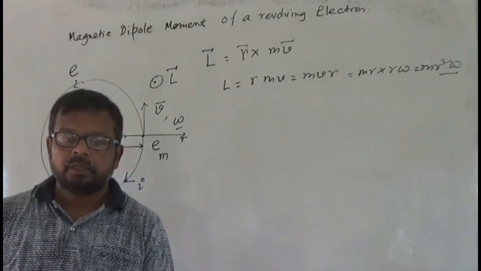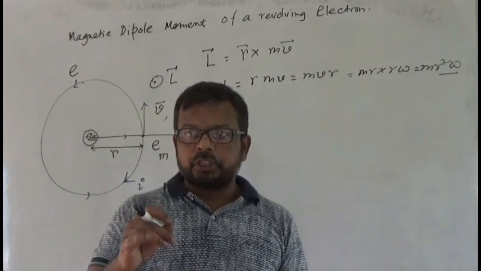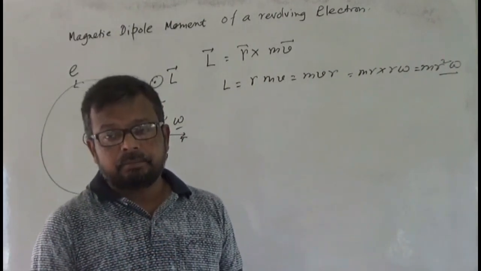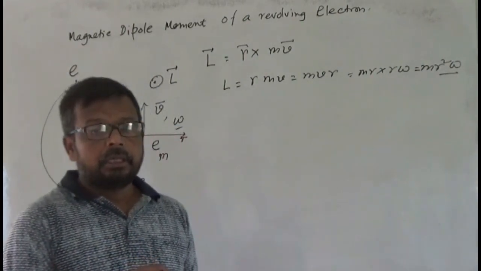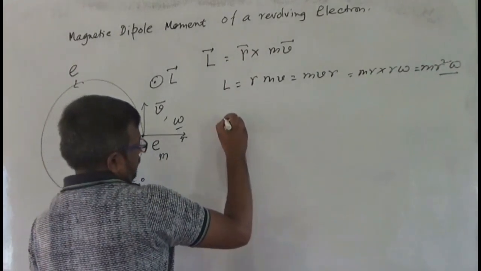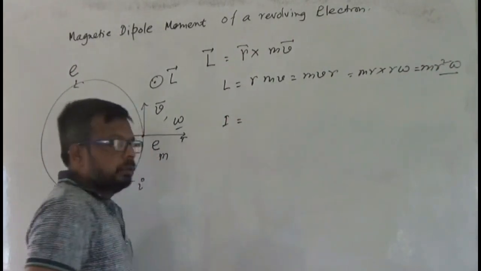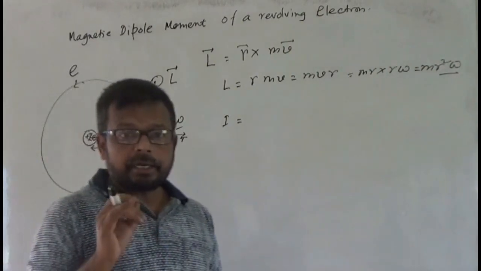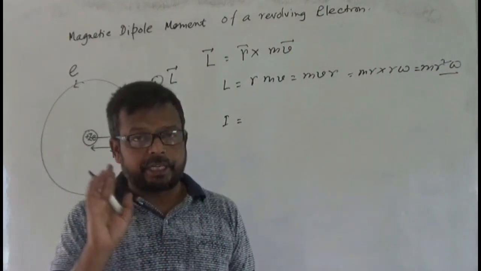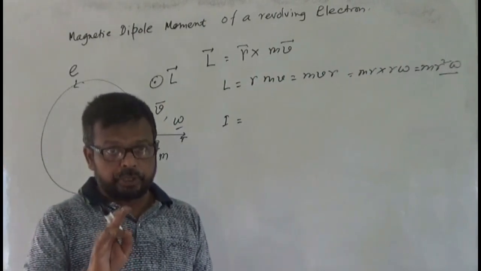Right? And in the orbital motion of the electron, consider the current I in the clockwise direction. What do you mean by current? Current is the flow of charge in unit time.